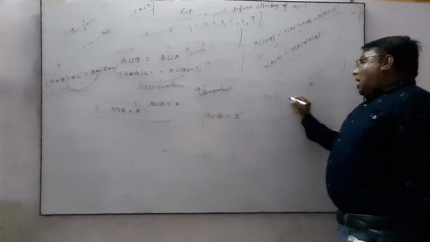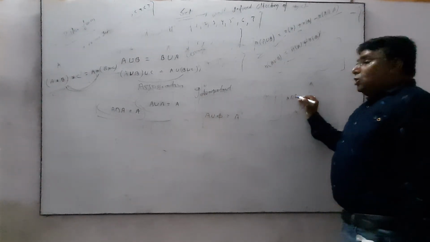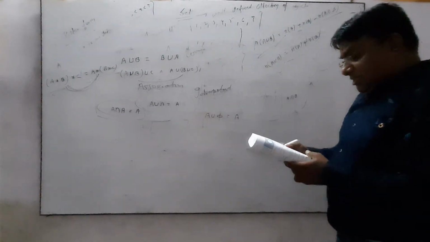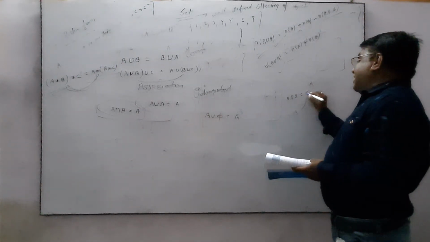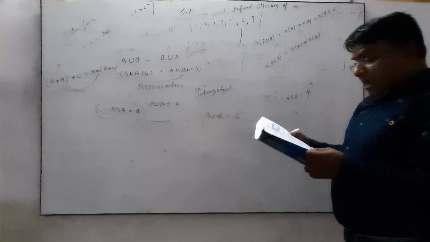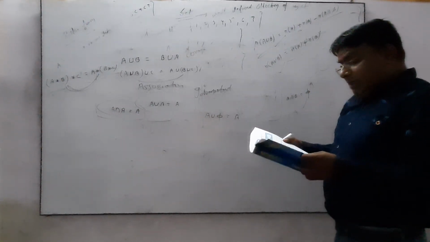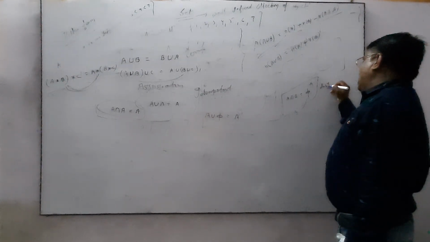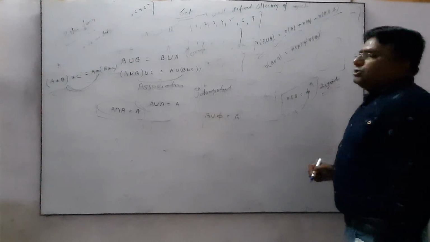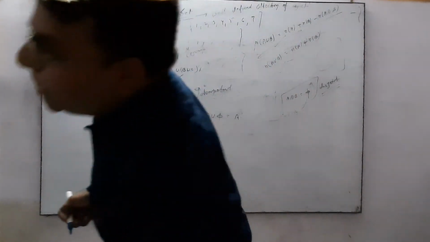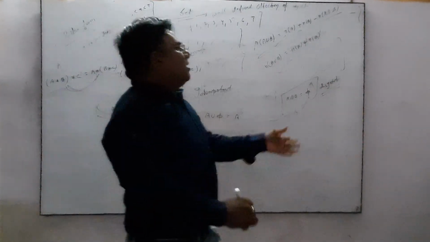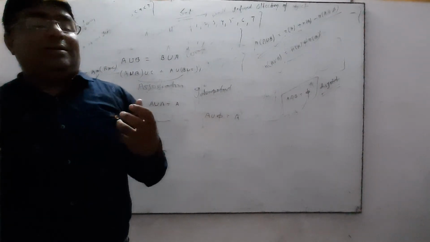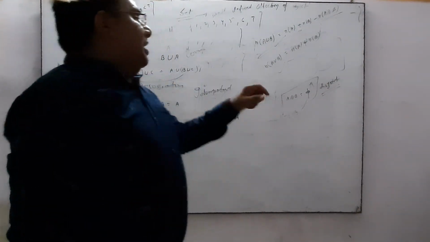Student, keep one thing in mind: if you have two sets A and B, and the common elements, A intersection B, is the empty set, that is, A intersection B equals empty set, that means this is a set of disjoint sets. When the number of A intersection B is 0, there is no common element, so the second formula is applied.